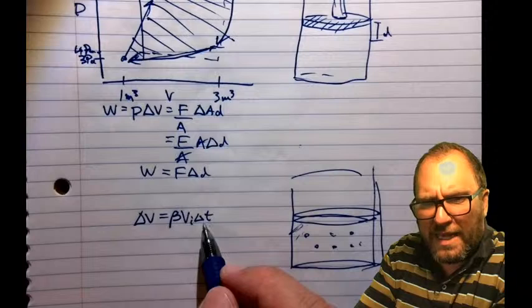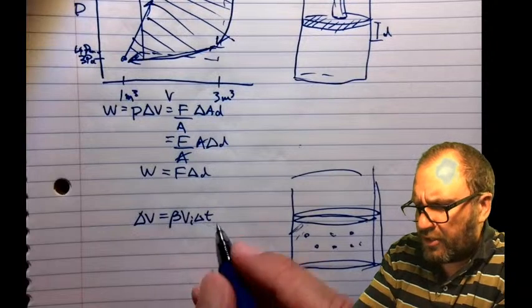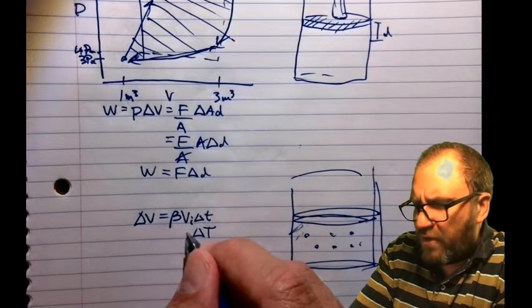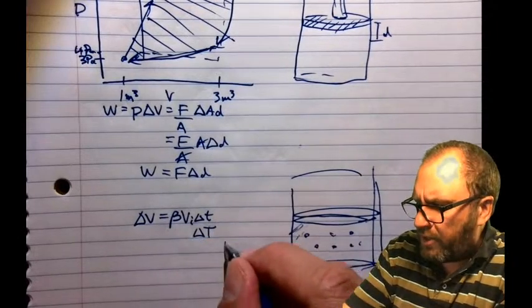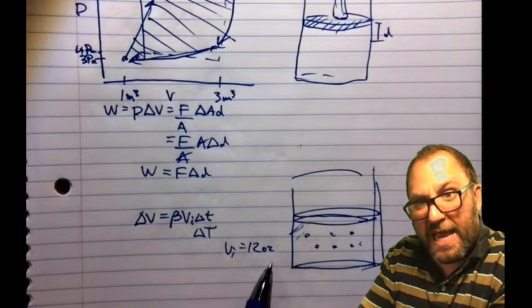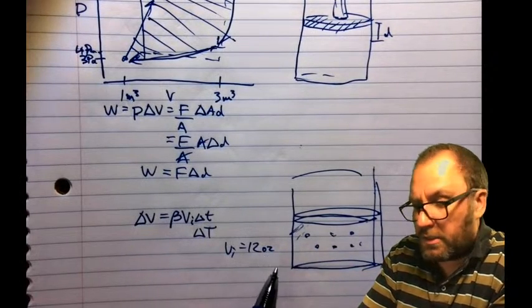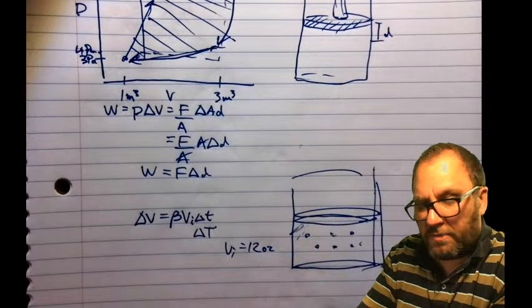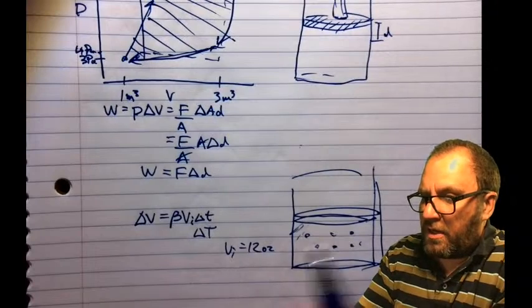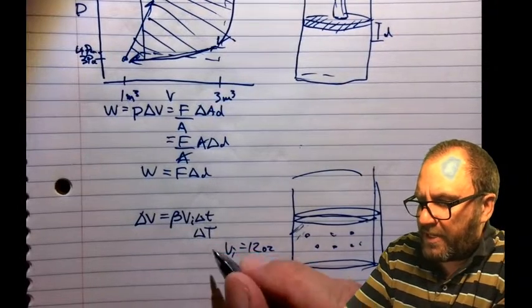All right, delta T here, that's our change in temperature. Not time, it's delta T. We'll write it as a big T. If we know our initial volume, we'll say this is 12 liquid ounces. And you're going to want to put that in milliliters or cubic centimeters. That's a good one. Then let's change our volume here.